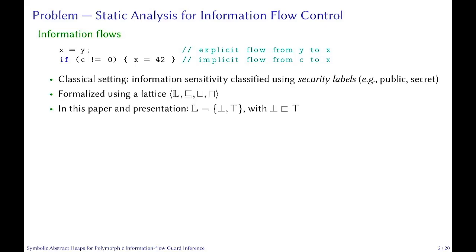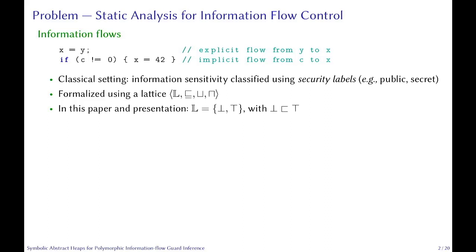So we adopt a classical setting to address this problem, and in this talk and in the paper, we focus on confidentiality. We classify information, which is the kind of data that's in the variables, using security labels. So typically it's public information or secret information.